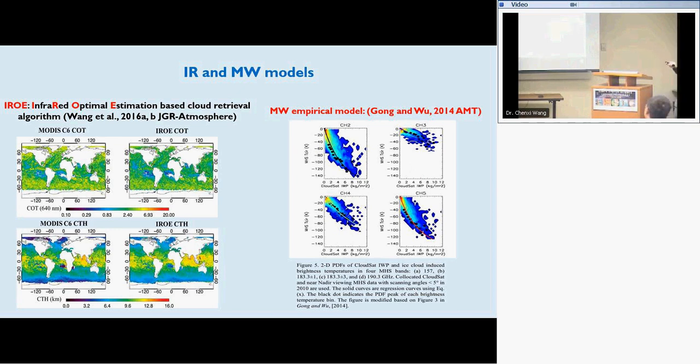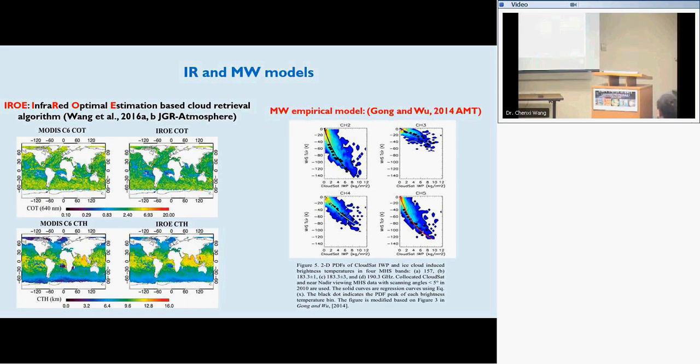We have developed two models, one for infrared and one for microwave. For infrared, because I don't have enough time to go through the details, two papers describe the infrared model and the retrieval algorithm. It is an optimization-based cloud retrieval algorithm.